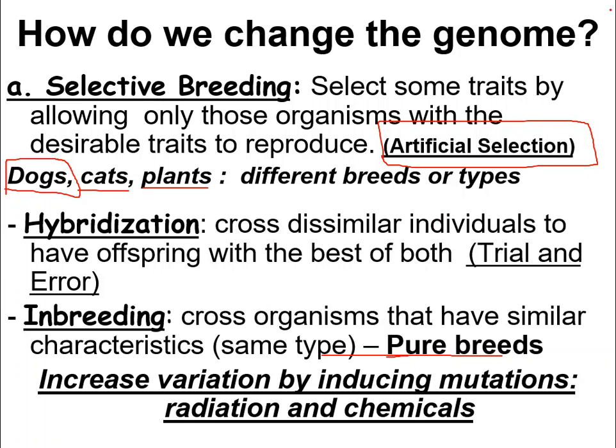Basically everything that we're doing here on this slide is based off of what the individual looks like. We don't really know at this level what their genes are, but we do know what their traits are. And we're like, okay, well, I like your trait and I like your trait, so you guys are going to mate.